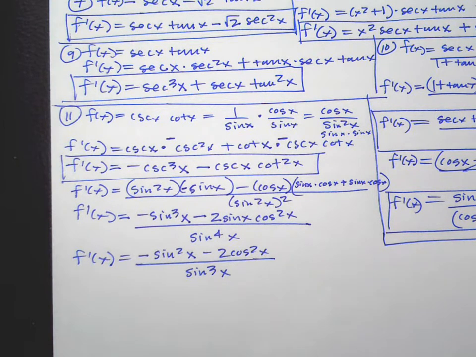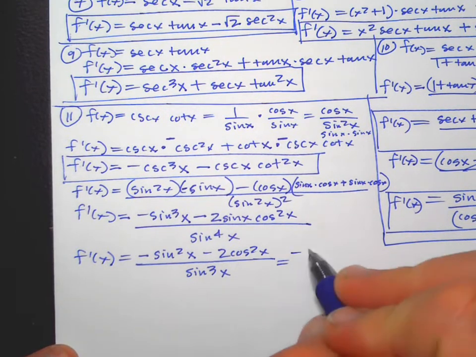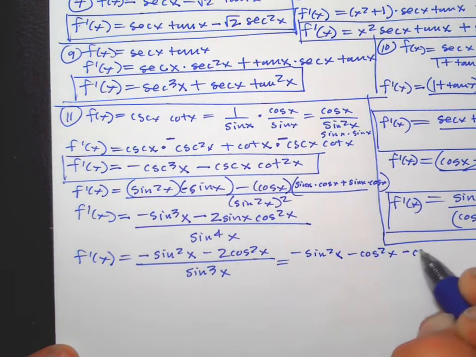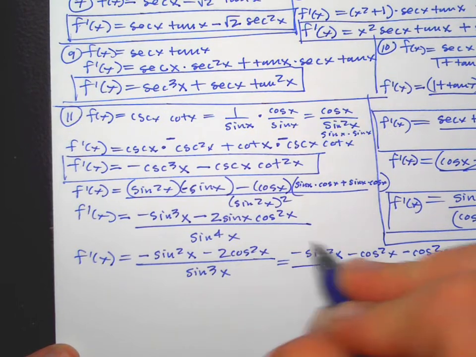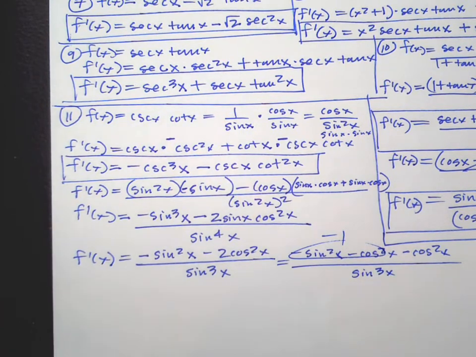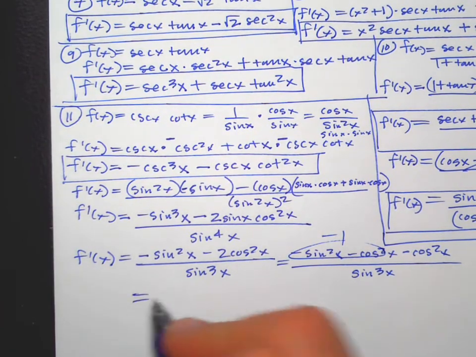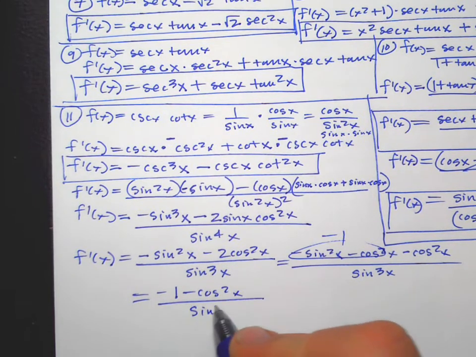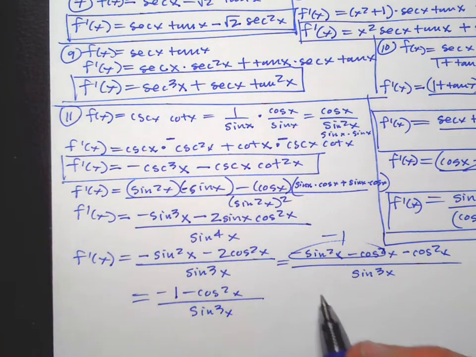I don't know if there's anything else we can do here. I mean, we could say this is negative sine squared x minus cosine squared x minus cosine squared x, and this is going to be negative 1. And so the answer would be negative 1 minus cosine squared x, but probably even, I don't know.